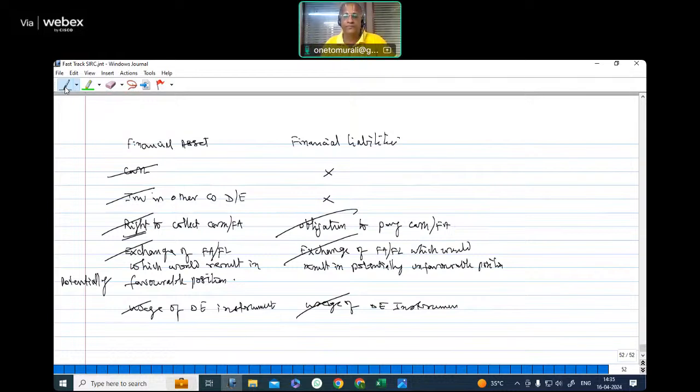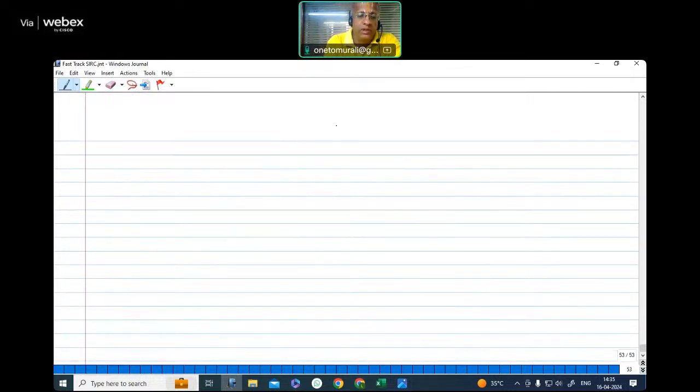Now, next one is about classification of financial assets. There are three types of classification that you have.